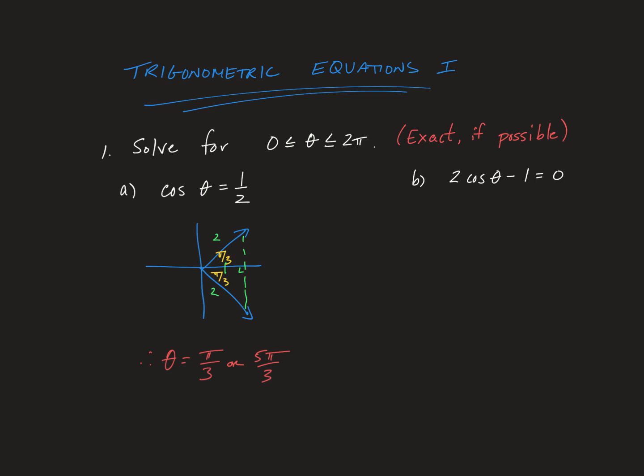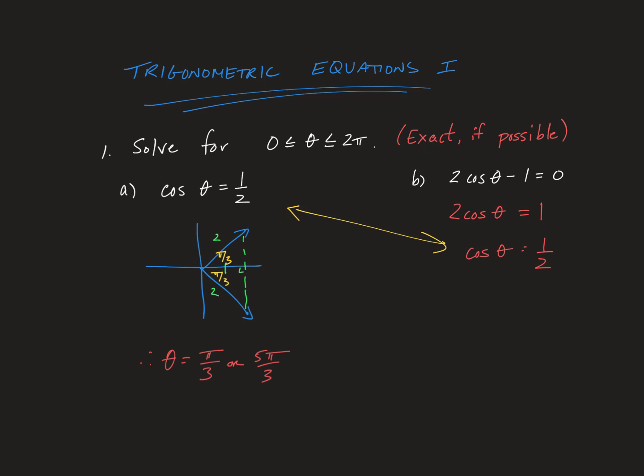Take a look at B. What you'll notice is B actually looks an awful lot like A. If you went through the process of isolating your trig ratio, which means getting rid of that 1, and then dividing out your 2, you'll notice that I actually gave you the same trig equation. So we don't need to finish off B. You can see how you would finish off B in your solution to A.